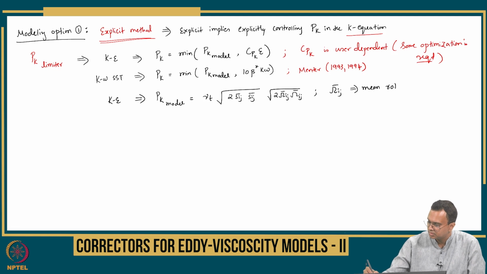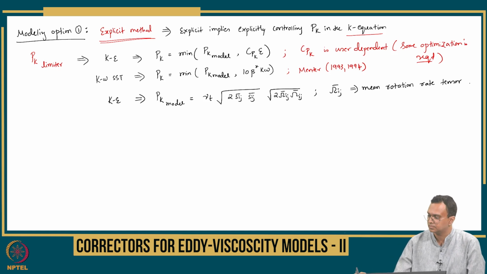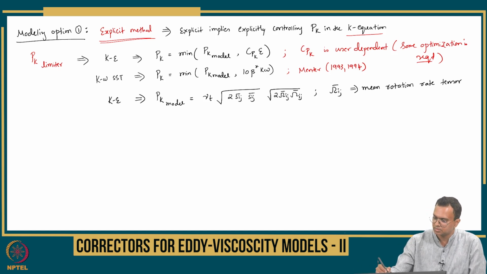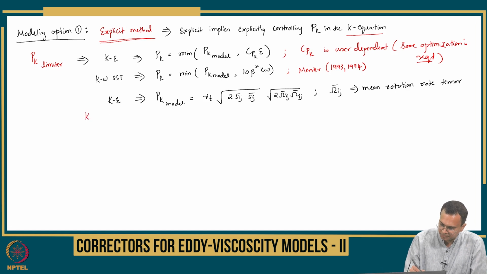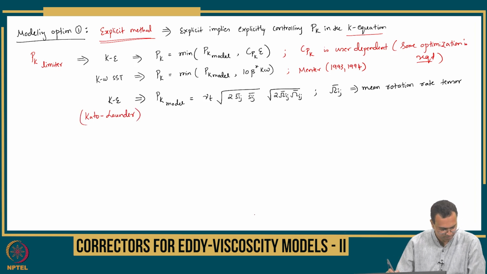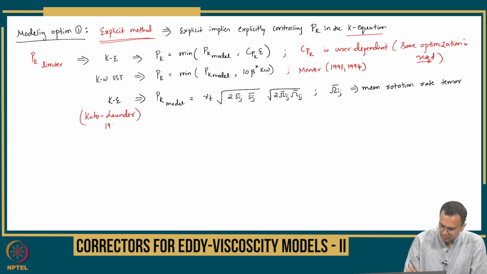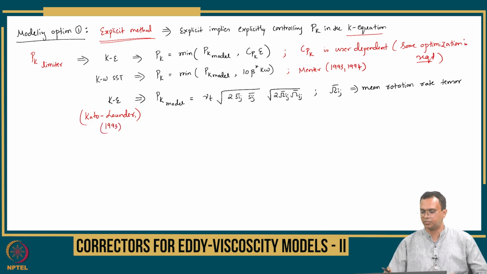So including this will cause pk to be better. So this particular correction is called the Kato and Launder correction, 1993. That's the reference for this.